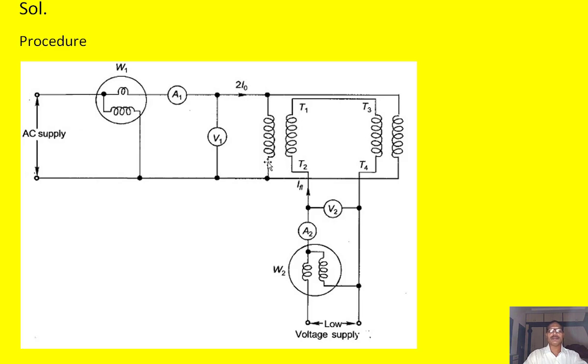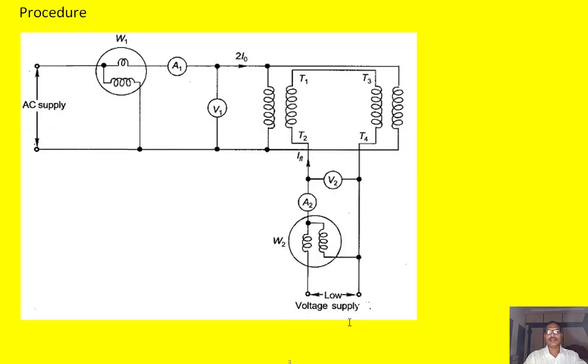This primary and this primary are connected in parallel, and the set is connected across the supply, conducted on the LV side. And here we have one secondary, this is another secondary, they are connected in series, and the other terminals are connected to the other supply.